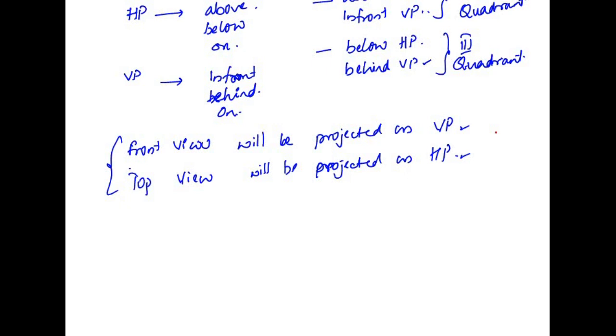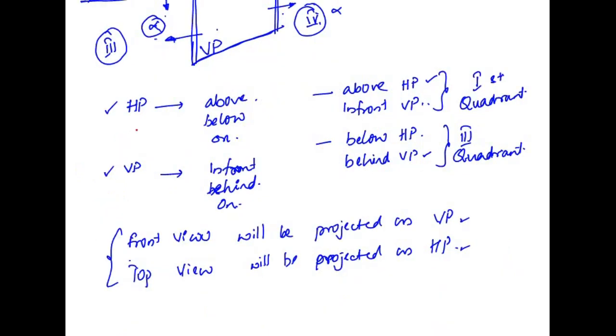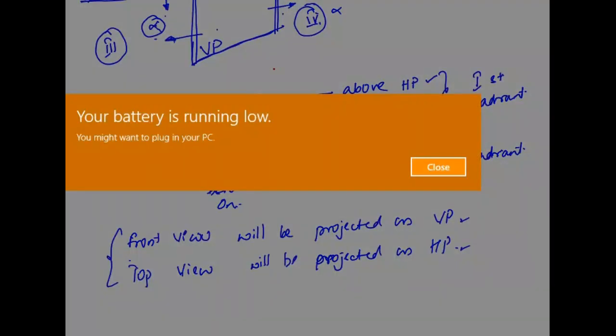So this whole discussion is for you to understand the quadrants and the position of the object in each of the quadrants. Once again, you have two planes, the horizontal plane and the vertical plane, and I can define an object with respect to these two planes.